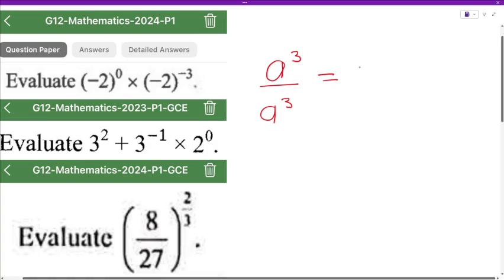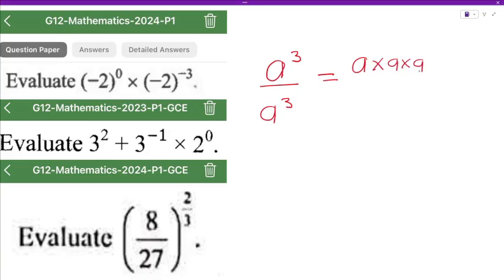So a to the power 3 simply tells us it is a times a times a, over, down here also, a times a times a. When you start dividing there, you realize that a and that a will cancel. Now remember that a had an invisible 1, so when it is cancelled, the 1 appears.